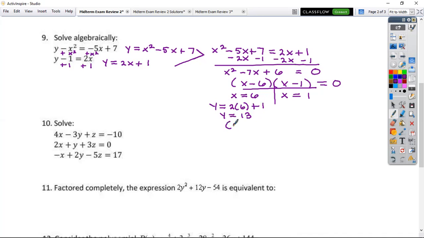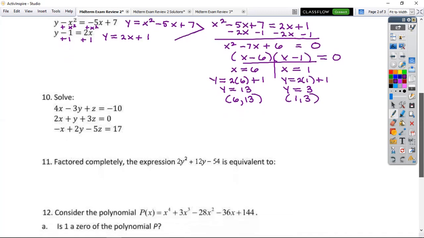So my first answer occurs at 6, 13. Secondly, y is equal to 2 times 1 plus 1. So y is equal to 3. So 1, 3. So 2 solutions there. So substitution for sure. Any questions on 9?